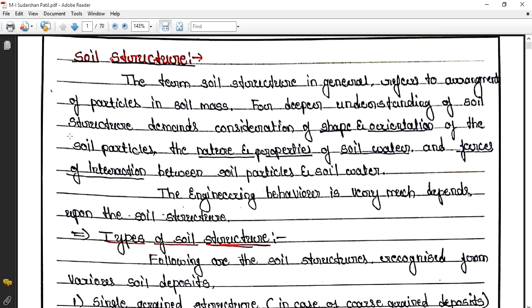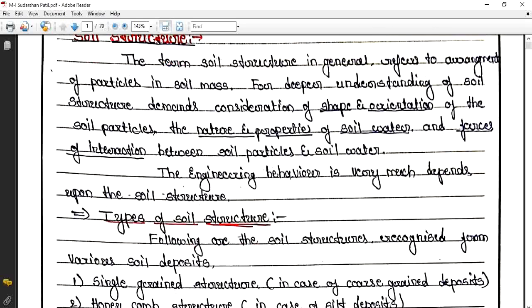So these are all the things we need to consider to deeply understand the arrangement of soil particles.